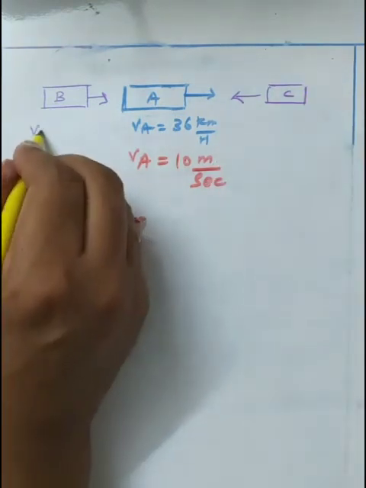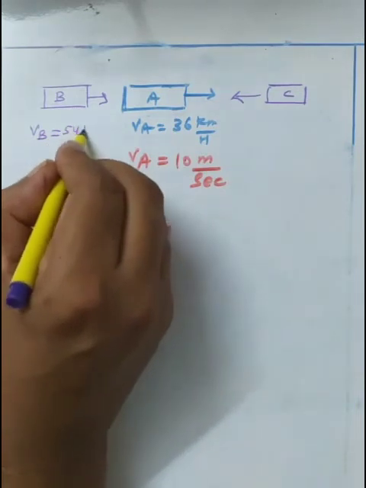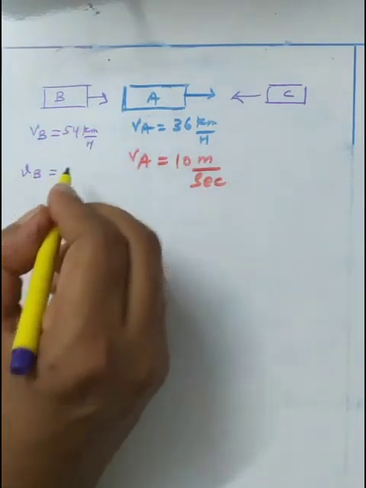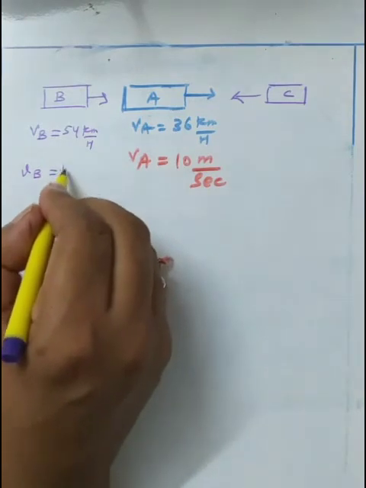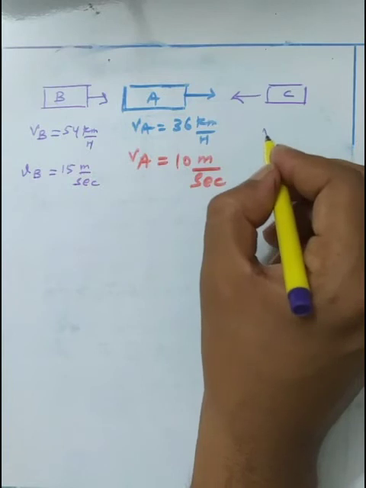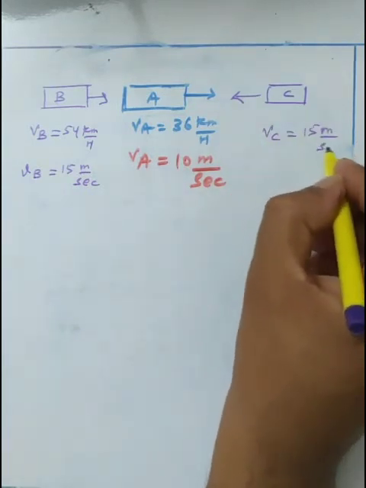The velocity of B is 54 kilometers per hour, dear students. Converting it, the velocity of B is 15 meters per second. Similarly, VC is also 15 meters per second.